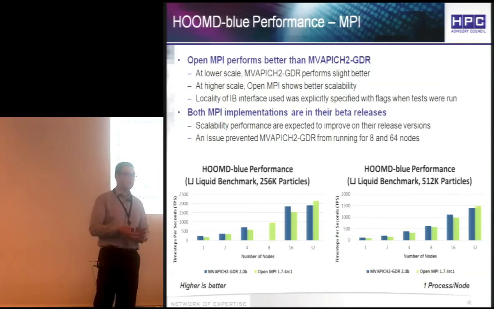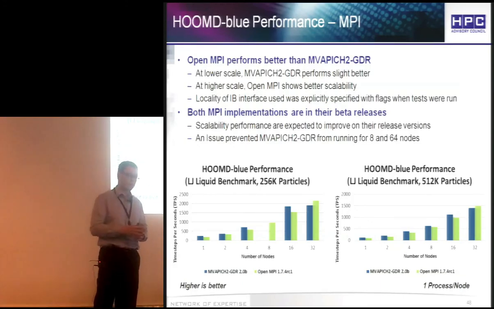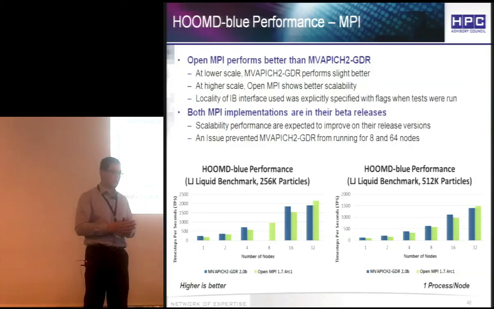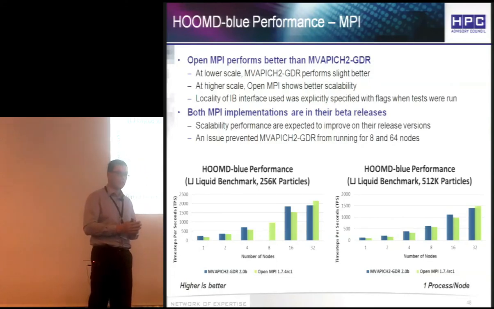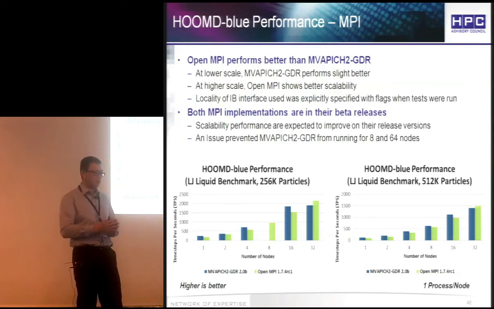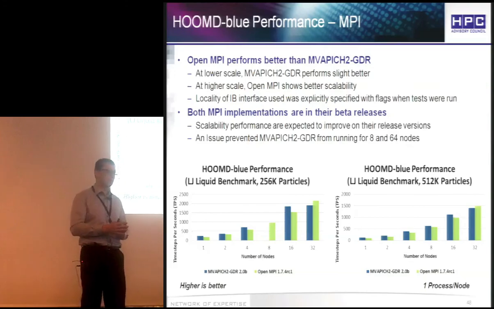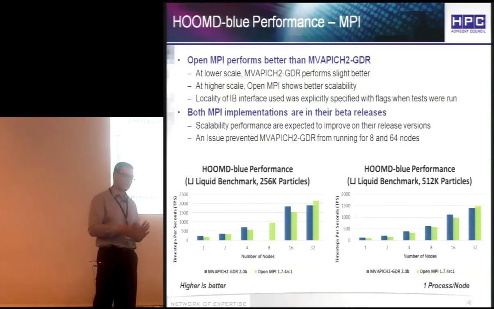So MPI is also very important. I know that the teams in InfiniBand and GDR, and also for OpenMPI, worked a lot in providing this support. Currently, I know that both of them are still in the improving stage.